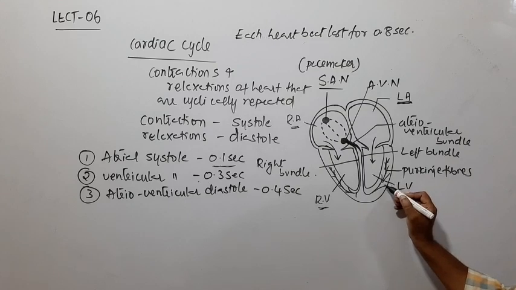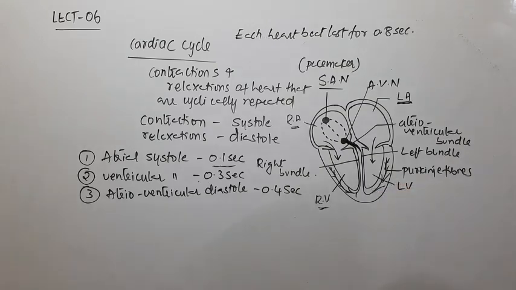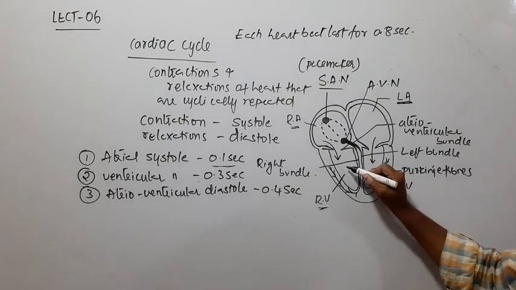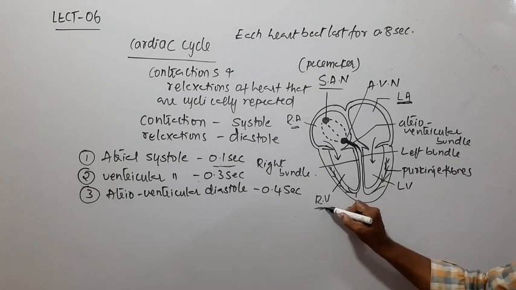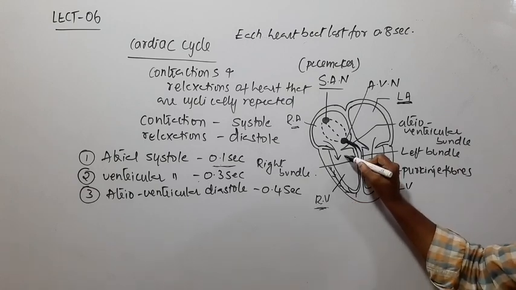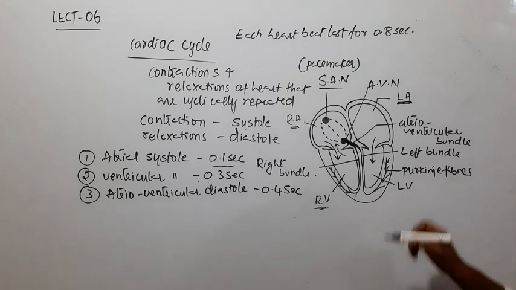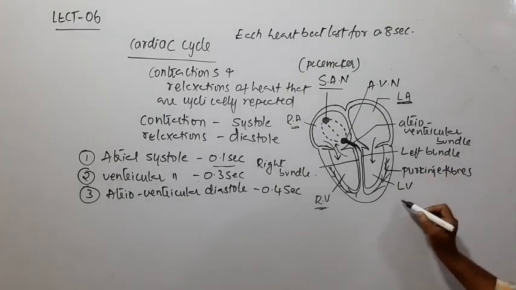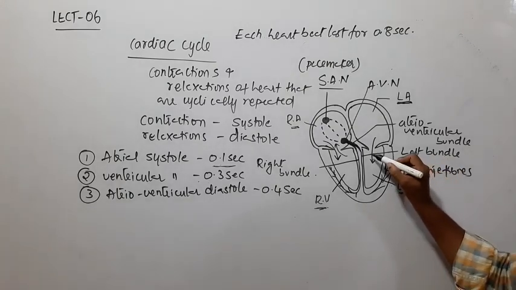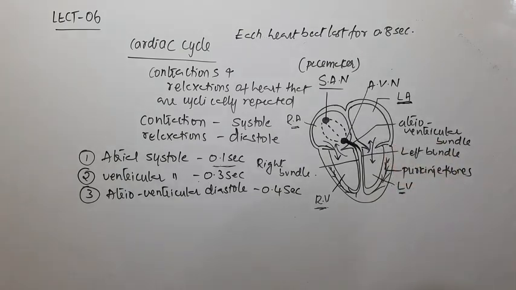And when the ventricles contract, there is a chance of the blood present in the right ventricle getting back to the right atrium, and at the same time the blood from the left ventricle getting back to the left auricle.